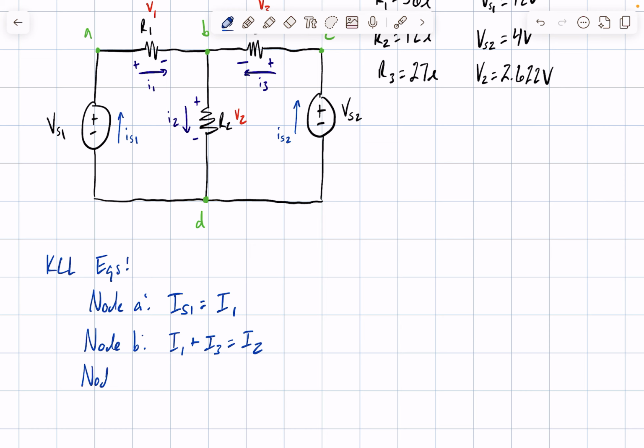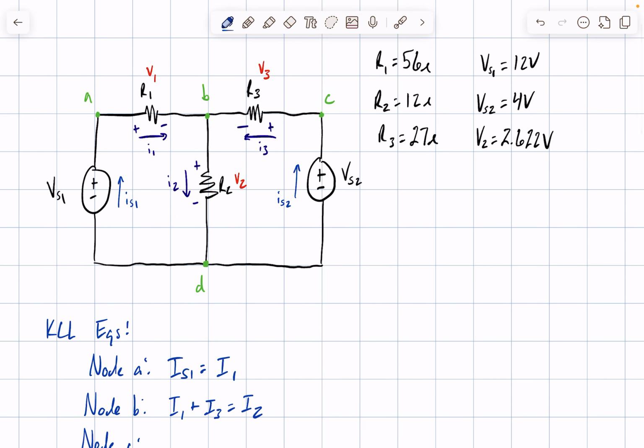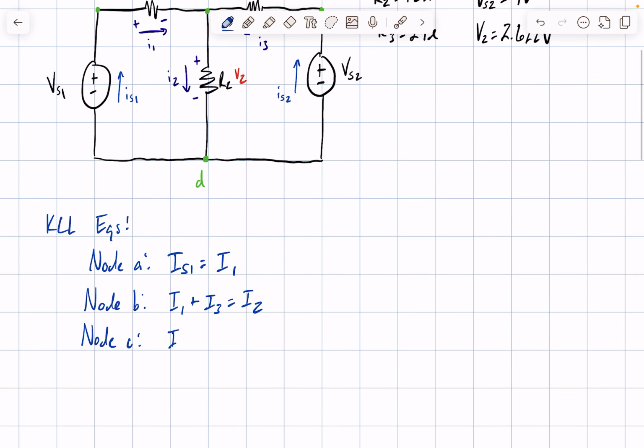Node C now. This one is a lot more simple than node B. It's just like the first one, where IS2 is going into node C and only I3 is leaving node C. So we have IS2 is equal to I3.